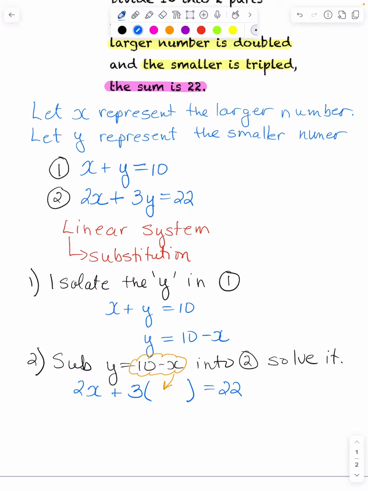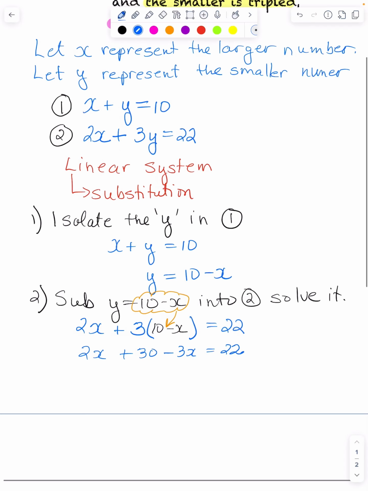So I will have 10 minus x here. At this point, I have a grade 9 math equation where I will isolate the variable. So I will write down 2x plus 30 minus 3x equals 22.